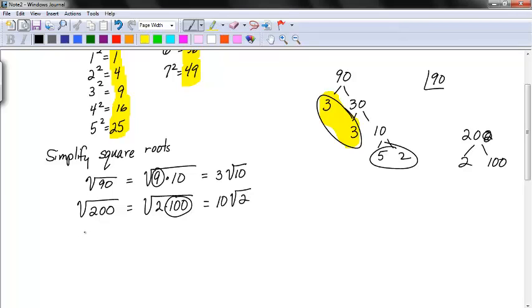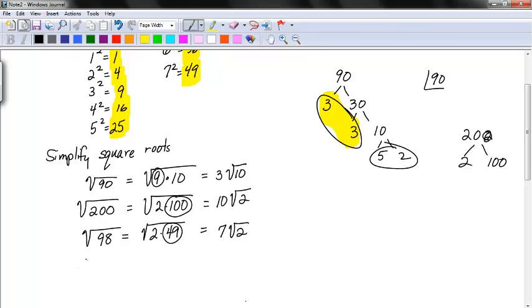What about square root of 98? Largest perfect square inside there? You know it's even, so 2 and what? 2 and 49, and 49 is a perfect square. So out of that you can take out a 7, and you'd have the square root of 2 left.